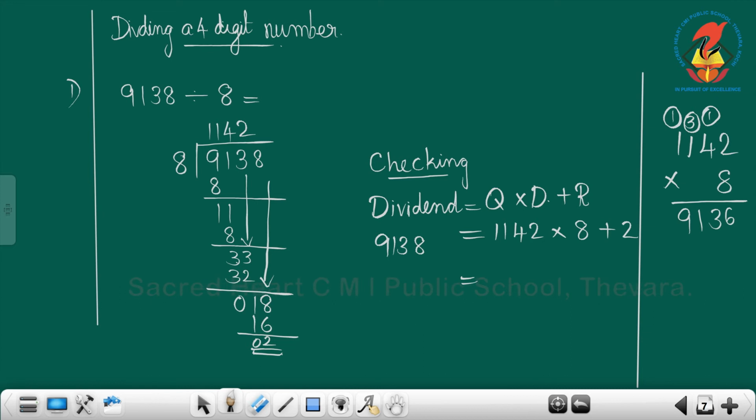Okay. Then plus 2. 6 plus 2 is 8, then 3 nothing is there, we can write down. 1 nothing is down, so bring it down, then 9 bring it down.